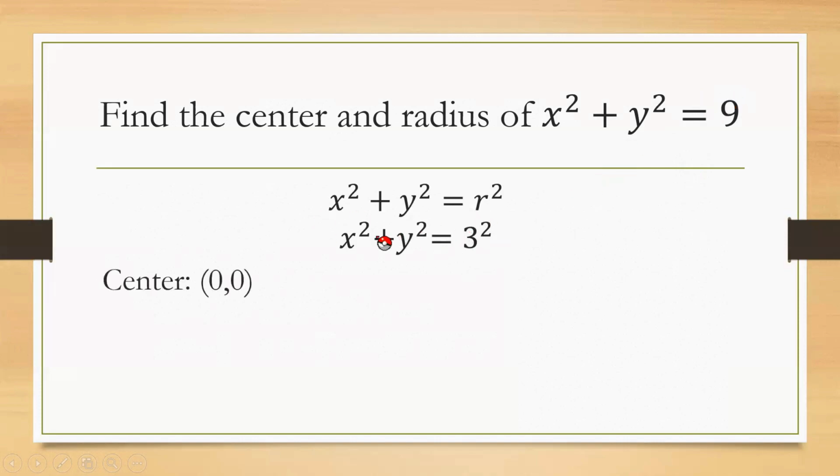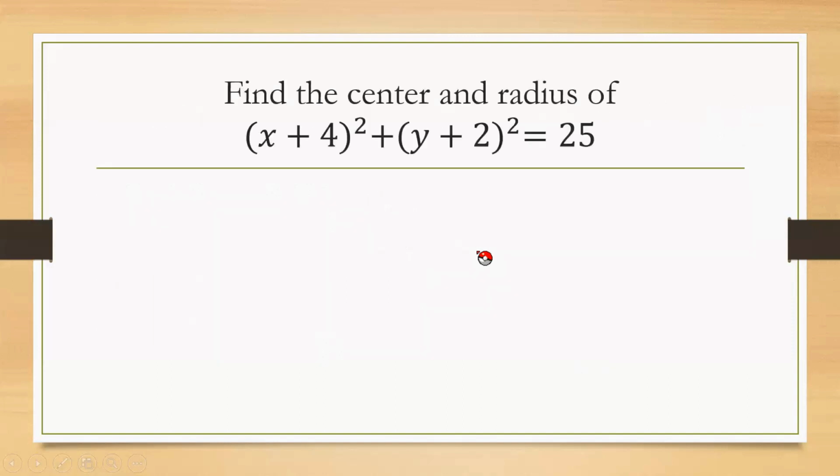Since there are no other numbers beside x and beside y, we can assume that the center is at 0, 0, and our radius is 3 because we already transformed the 9 into its squared form. So it's pretty easy to determine.